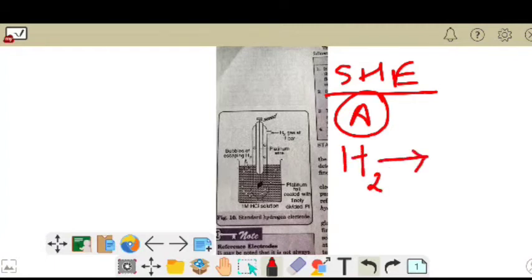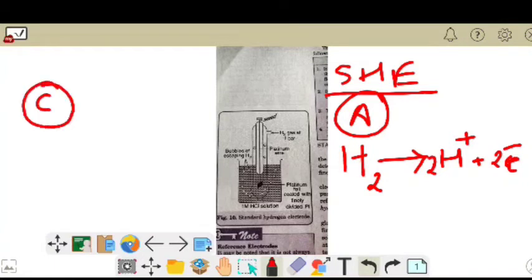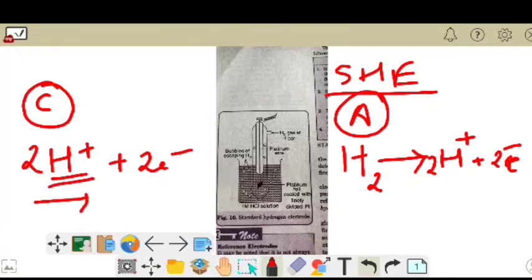So this H2 will get oxidized as 2H+ and 2 electrons. Is it clear? And when it is acting as cathode, reduction will occur, right? So the vice versa reaction will take place here. This hydrogen will undergo reduction. Is it clear?